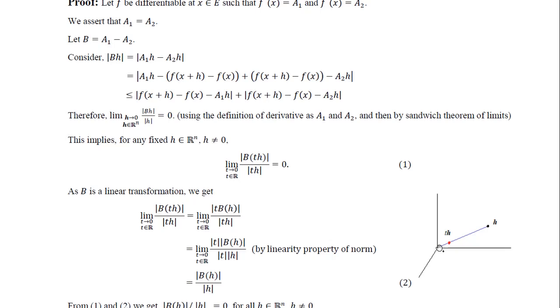So when we say the limit of h tending to 0 in Rn, it can come through any path, like this and then this and then come to 0. It can follow any path.